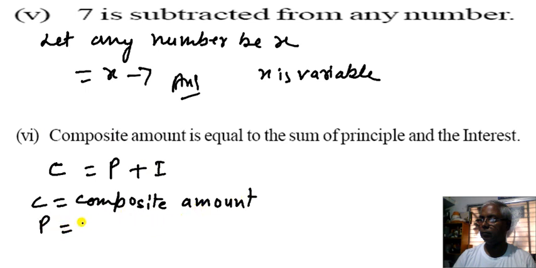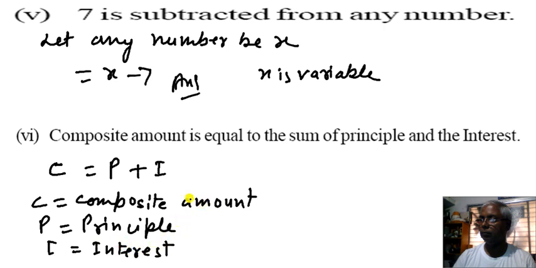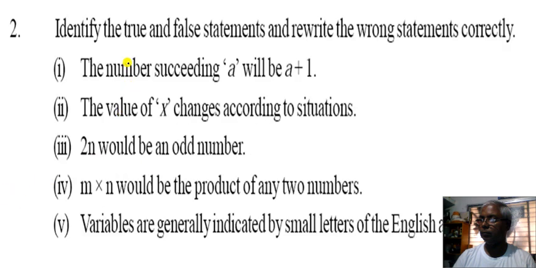P is principal, and I is for interest. These are the variables you can use in this question.